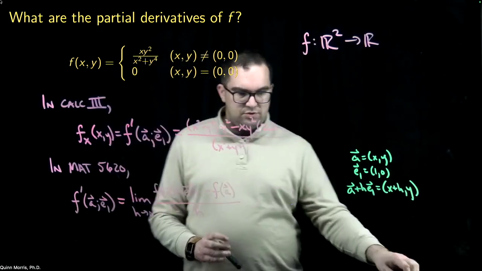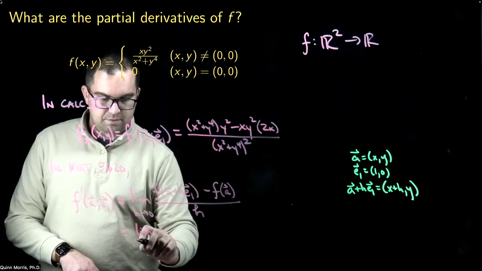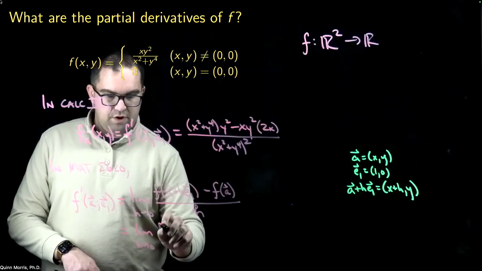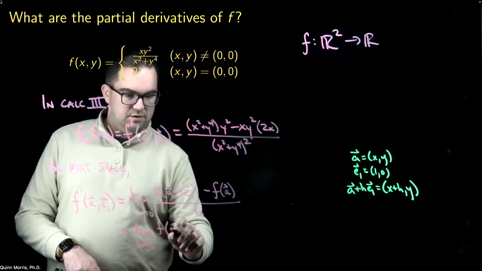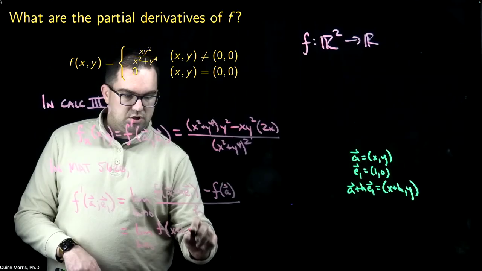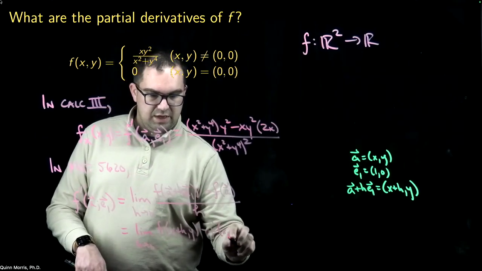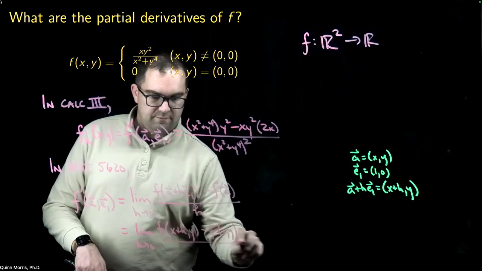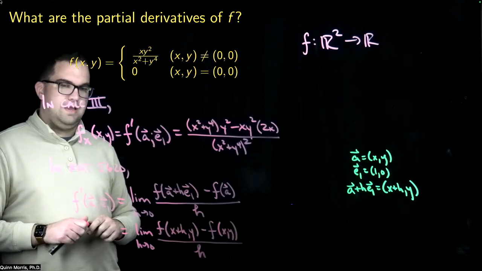So if I substitute that in here, this is the limit as h goes to 0 of f of, now the input is x plus h comma y, minus f of x comma y, all divided by h.